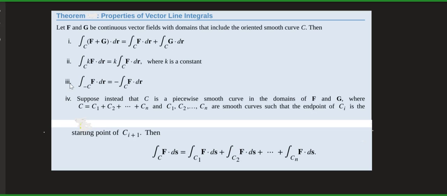The third property is very important, and relates to the orientation of the curves.